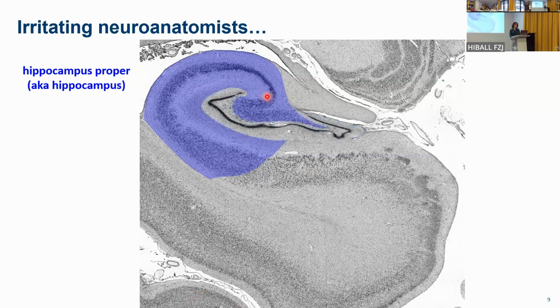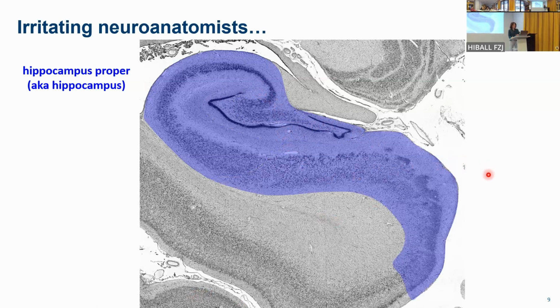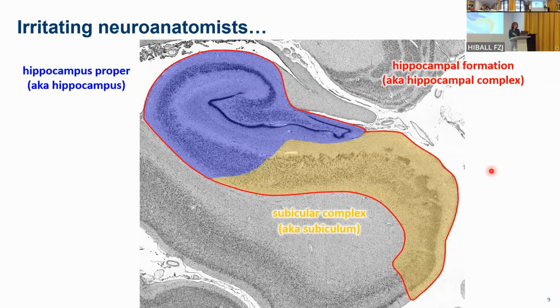You see, the difference between these two images is that this part here is either part of the hippocampus proper or not. Some other anatomists think that hippocampus proper encompasses all of this here.